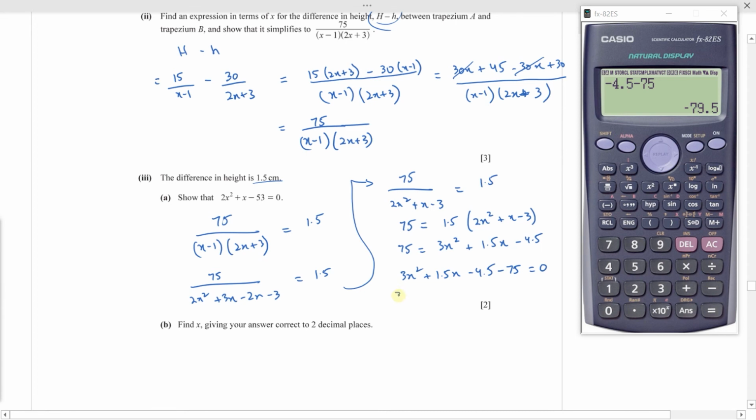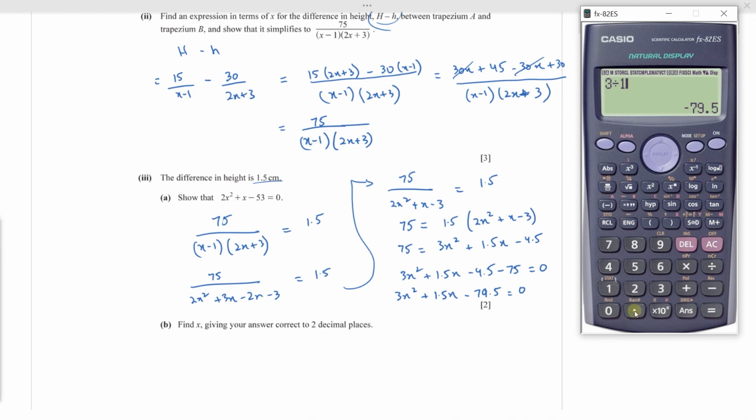So this is 3x squared plus 1.5x minus 79.5 equals 0. So here you see x has a coefficient of 1.5, so I can divide by 1.5 on both sides. 3 divided by 1.5 will be 2x squared.